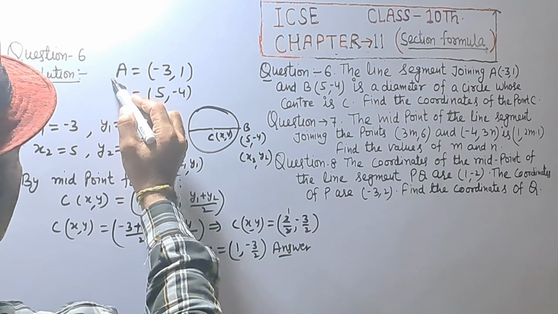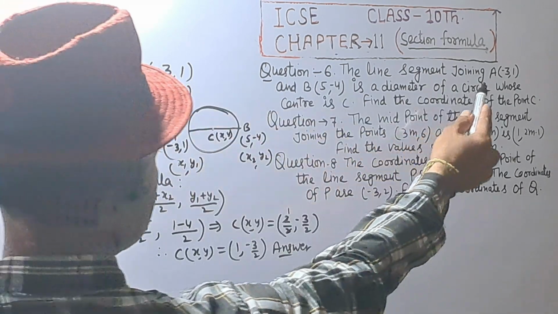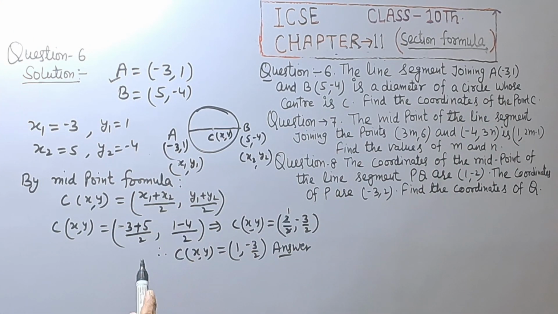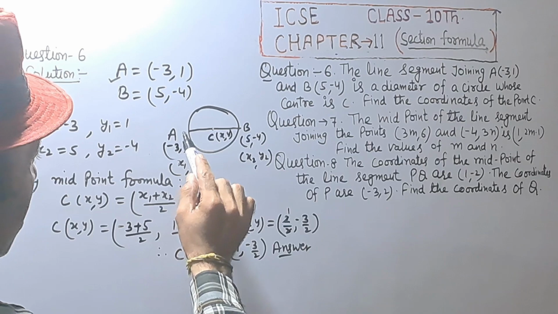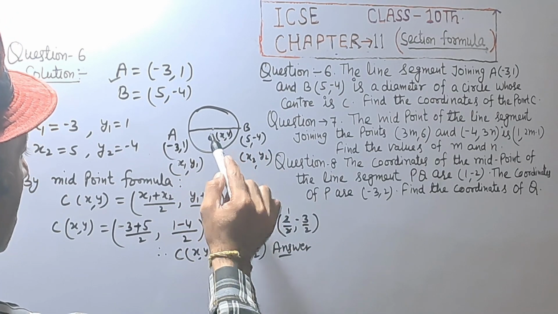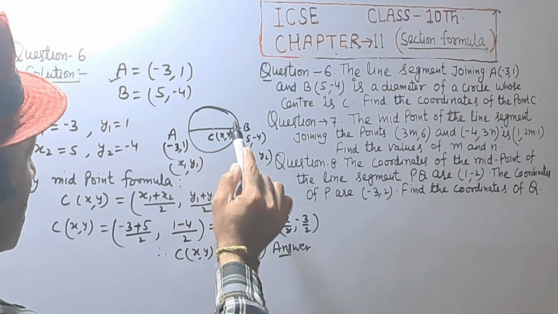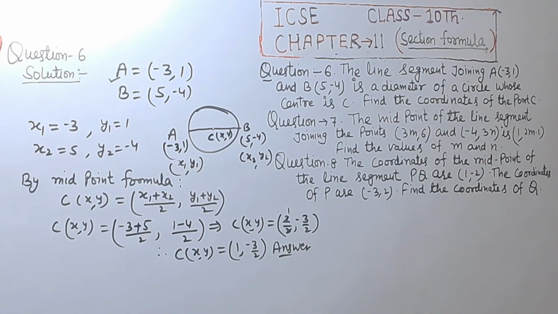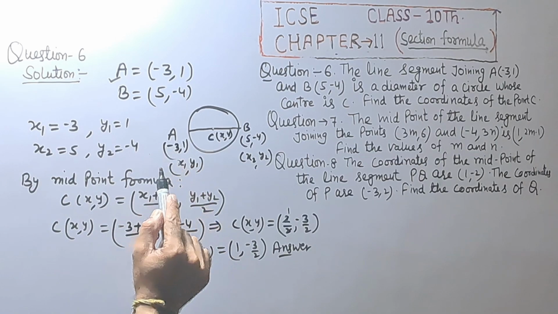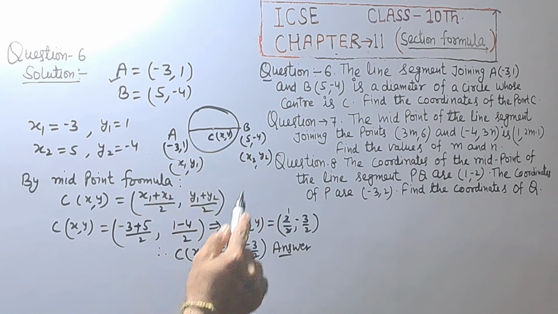Answer. A is equal to (-3, 1), B is equal to (5, -4), and AB is a diameter with center point C, that is (x, y). We find the value of C, where x1 is equal to -3, y1 is equal to 1, x2 is equal to 5, y2 is equal to -4.